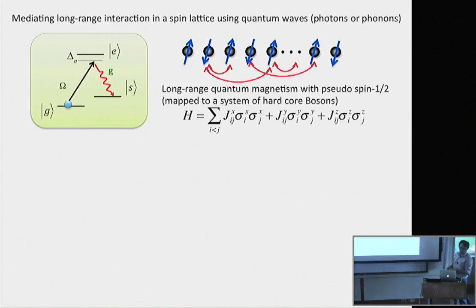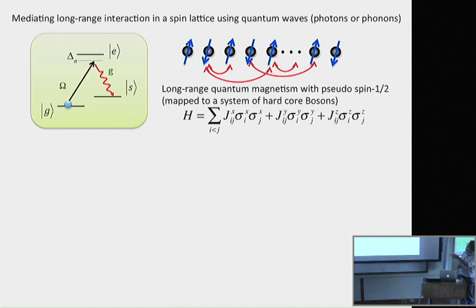This photon then induces a spin flip in another remote atom, which absorbs the photon and goes back to another ground state. This way you can engineer an effective spin system with spin exchange interaction, and with other schemes you can engineer spin ZZ interaction.